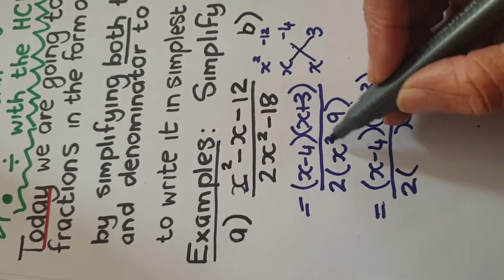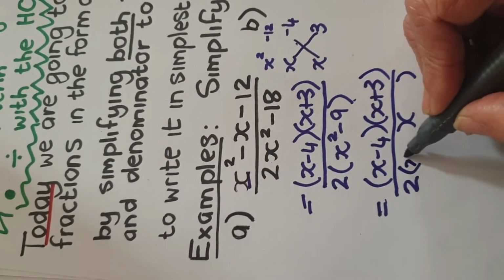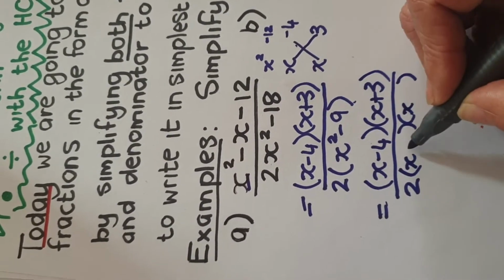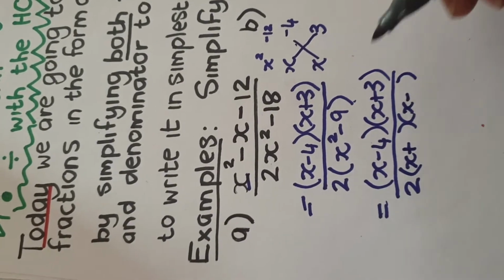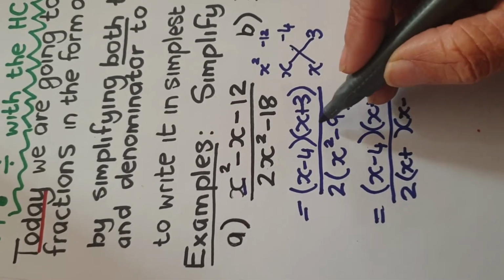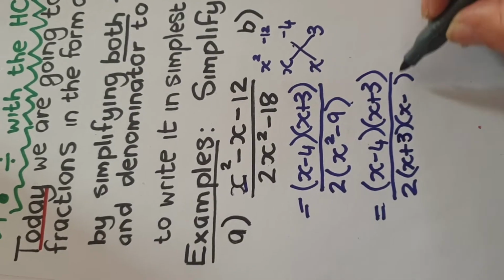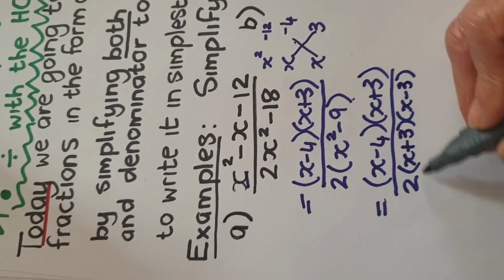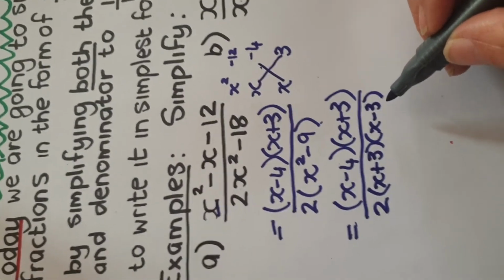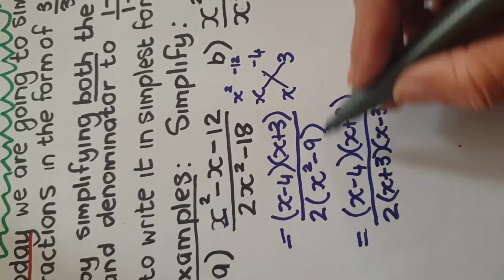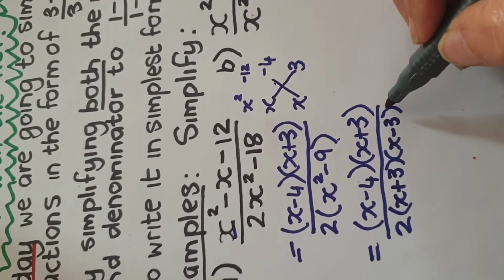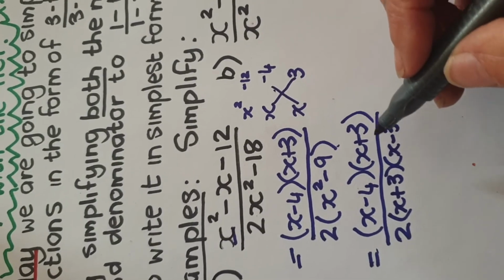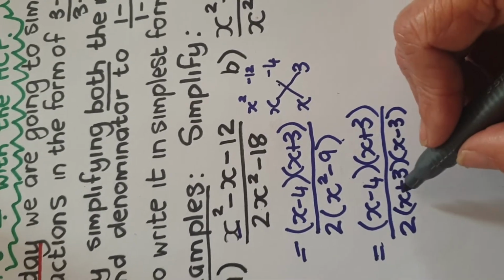The first term in the bracket is the square root of x squared, which is just x, with opposite signs. The second term in the bracket is the square root of 9, which is 3. Right, factorized. Now look at my factors. It's one term expression over one term expression.